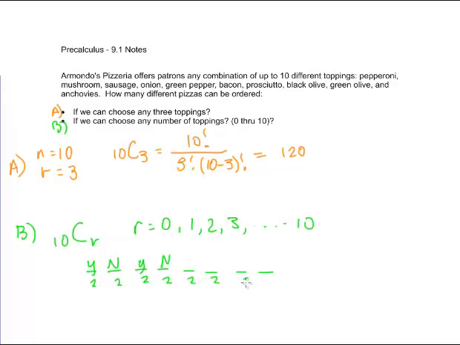I've got 2 choices in each place, and I've got 10 places to fill. So what I end up with is 2 to the 10th power, which is 1024. If you could have 2 different ways to pick from all the items, then you could just look at 10, the number of slots, as the exponent on 2.